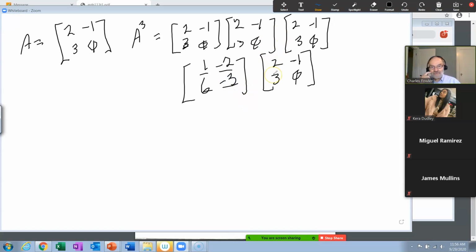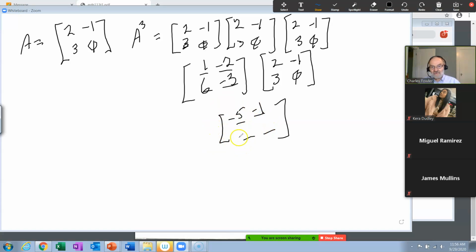Okay, obviously you can do this multiplication too, square. So this is going to be a 2 by 2. And first row, first column, be a 2 minus 6 is minus 5. First row, second column, minus 1.